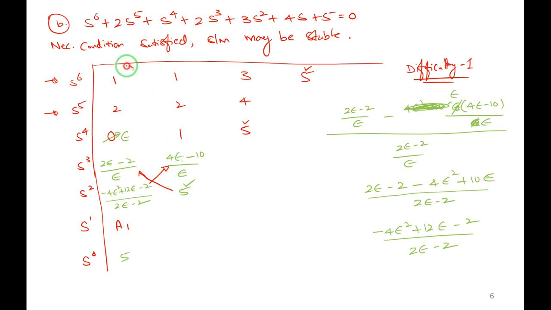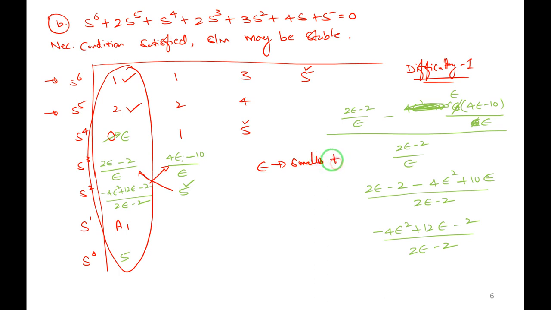Let me observe the first column elements of the Routh array, the Routh table, and observe the sign changes. 1 is positive, 2 is positive, epsilon is a small positive number tending towards 0, so this is also positive.